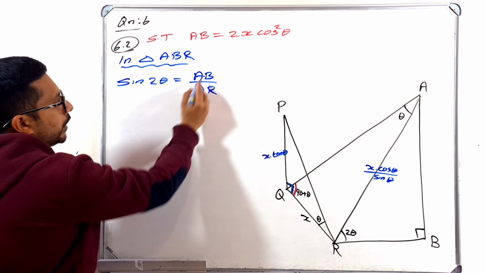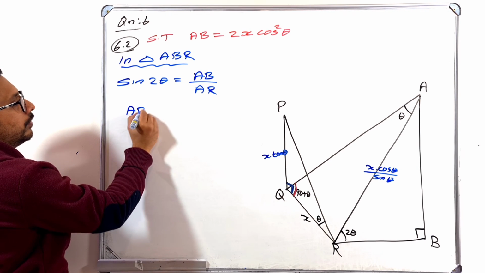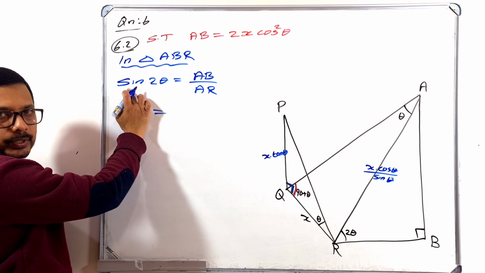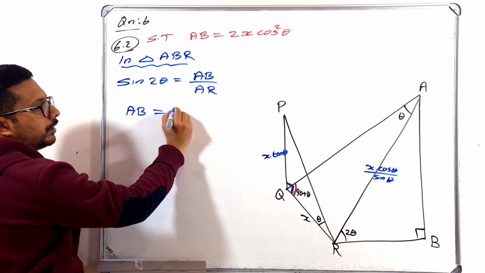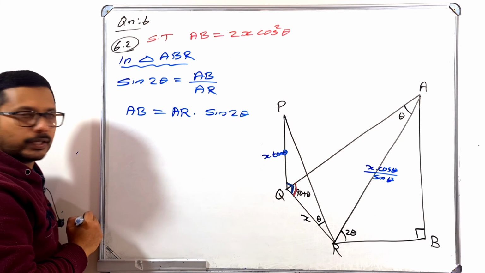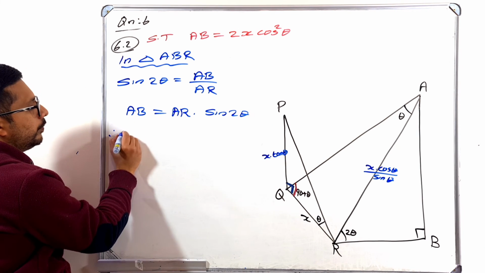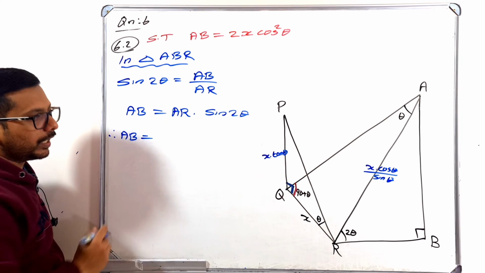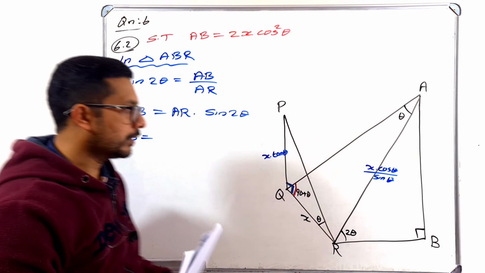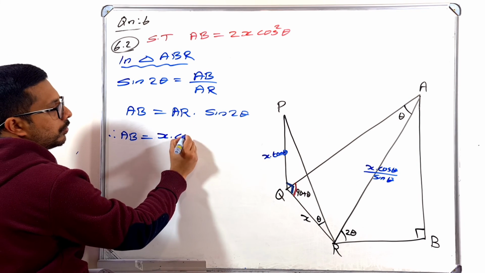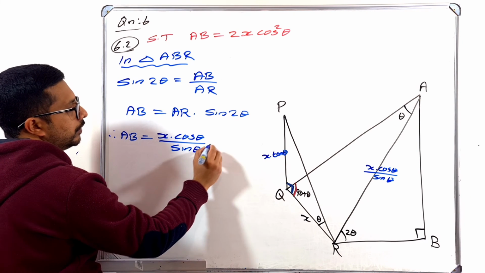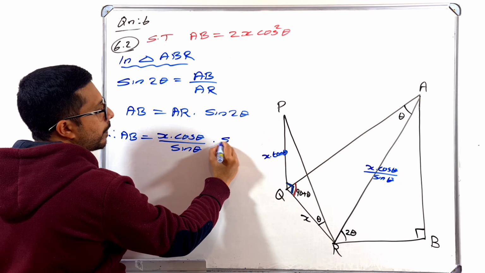So from there, what is AB? That is what we want to show. So you cross multiply this one. This AR will multiply here. That is AR times sine 2 theta. Now, therefore, AB is equal to, what is AR? AR is our hypotenuse. We already proved that is x cos theta by sine theta. So it is x cos theta divided by sine theta into sine 2 theta.